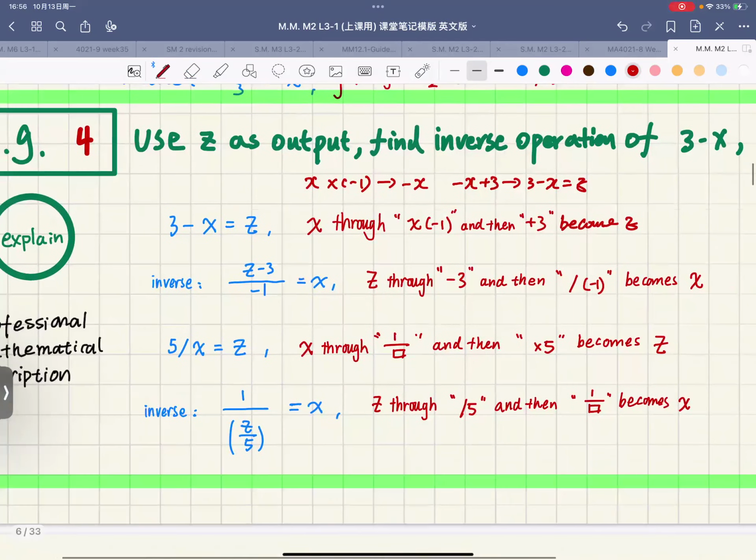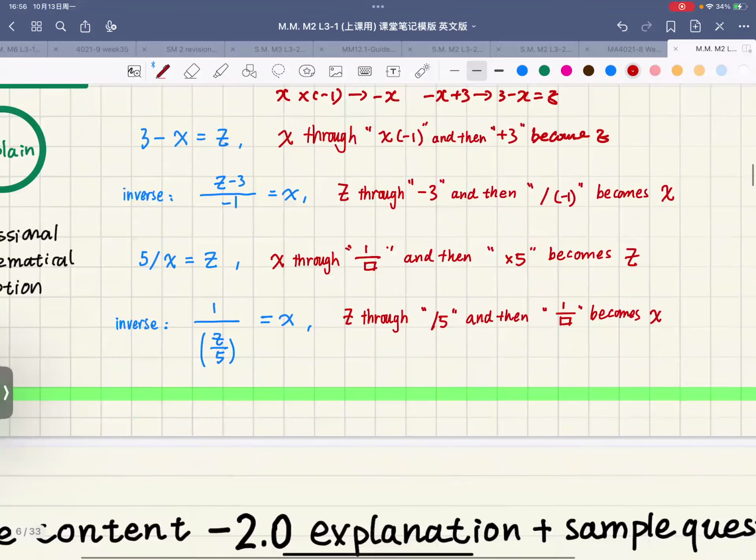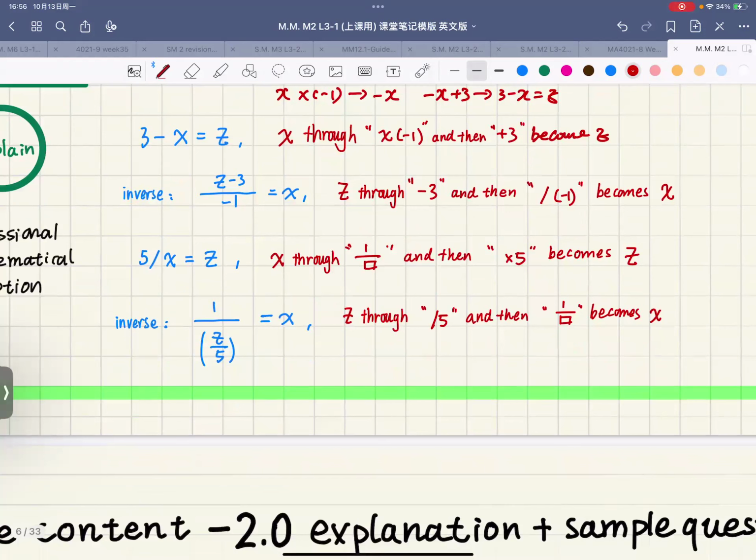Okay, that's the operation. So the inverse of that operation is z goes through minus 3, and then divided by -1, you have x, right? Same with 5 divided by x is equal to z. X goes through 1 divided by the variable, and then times 5 becomes z.